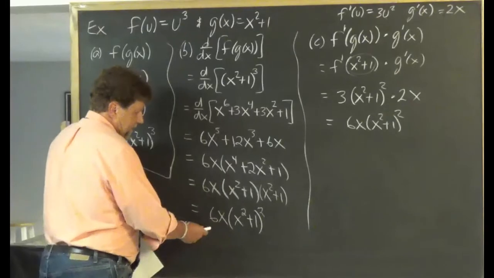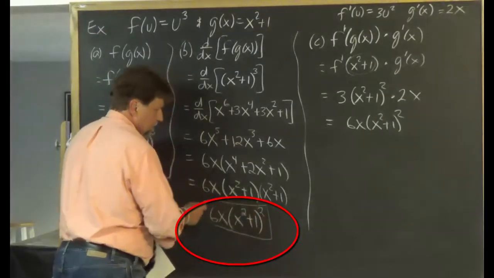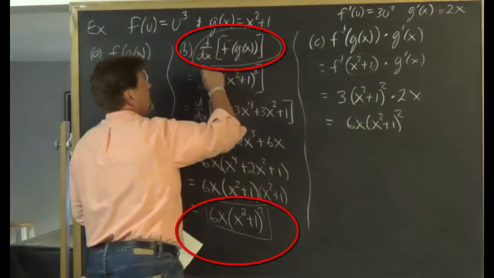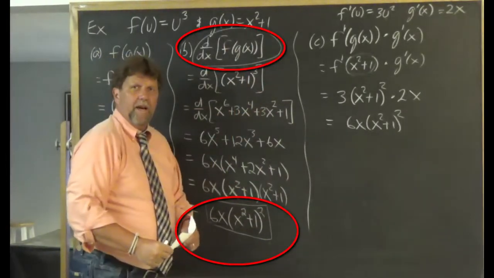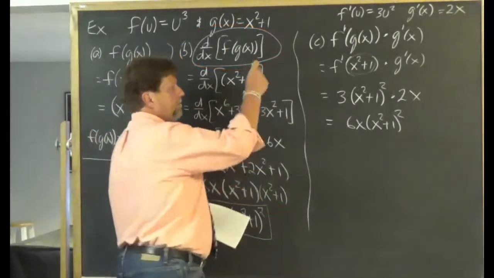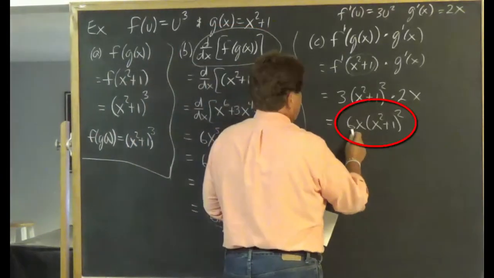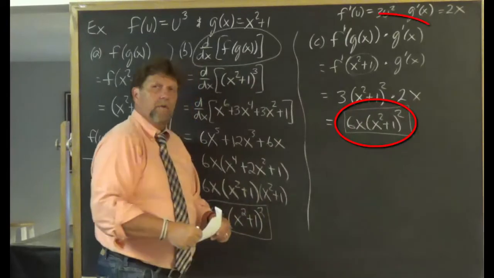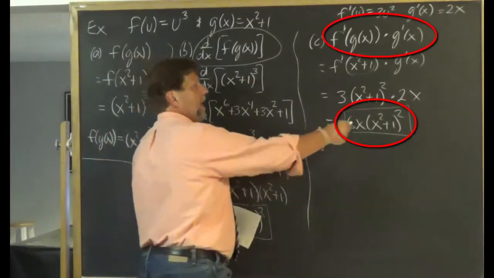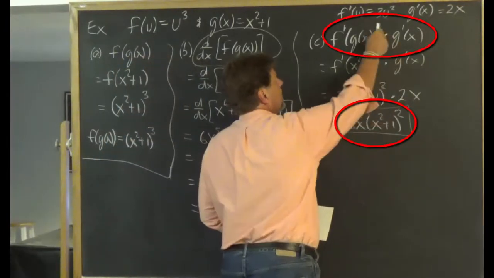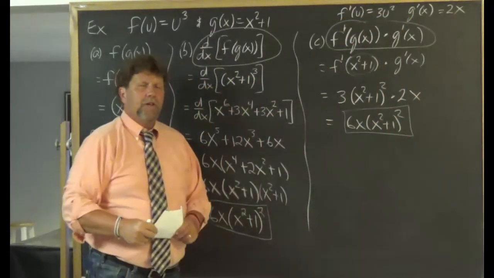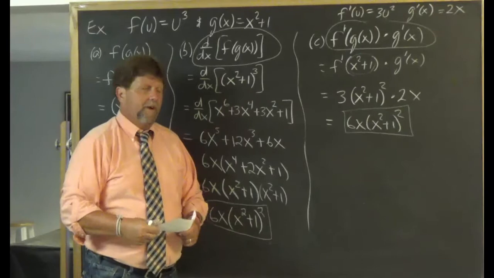Well, we got this answer here by d/dx of f of g of x. In part C, how did we get the 6x times x squared plus 1 quantity squared? Well, we got it here by computing f prime of g of x times g prime of x.